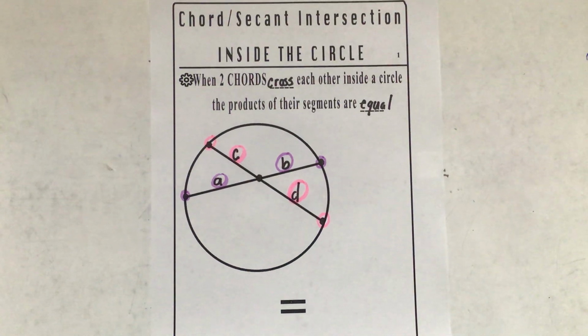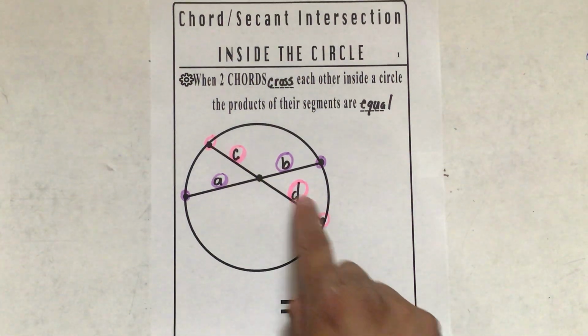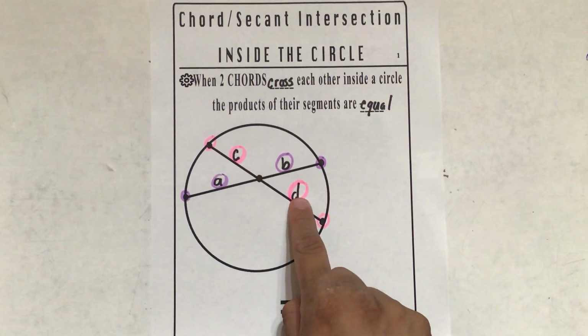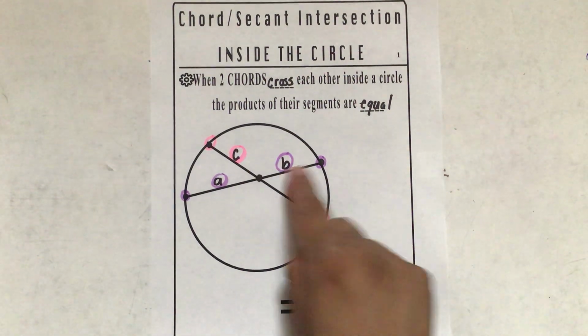So what ends up happening is that when you multiply pink times pink, it's going to equal purple times purple.